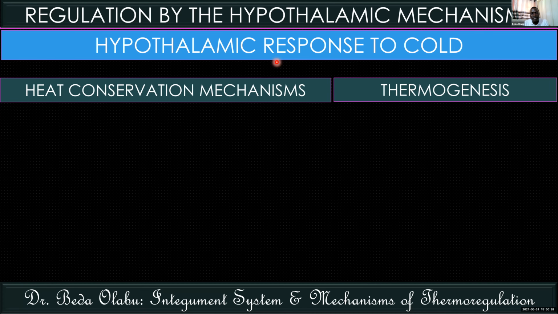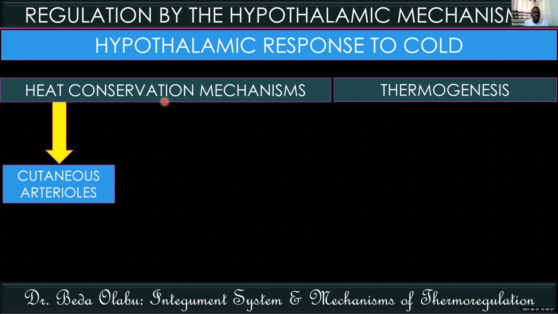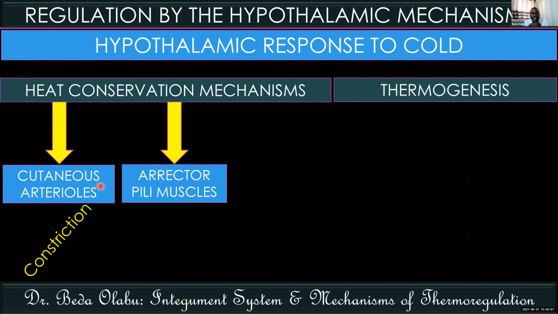So let's see which target organs are actually aiming at conserving the little heat that is within the body. The cutaneous blood vessels are one of them. In response to cold, we will have cutaneous vasoconstriction, so that the little heat that is within there does not go away. The other target are the arrector pili muscles.